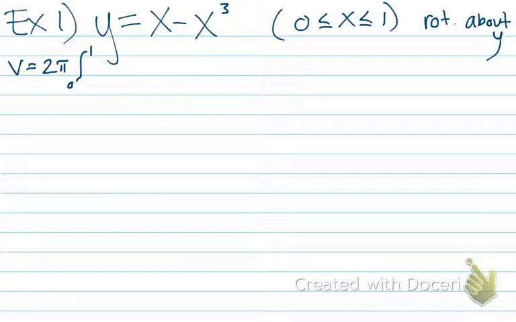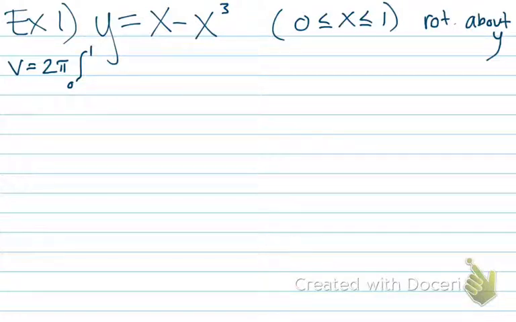Of p of x. And remember that p of x is the length from the y-axis to whatever rectangle you're taking. And so if I can show you a picture, let me take a picture of this really quick.